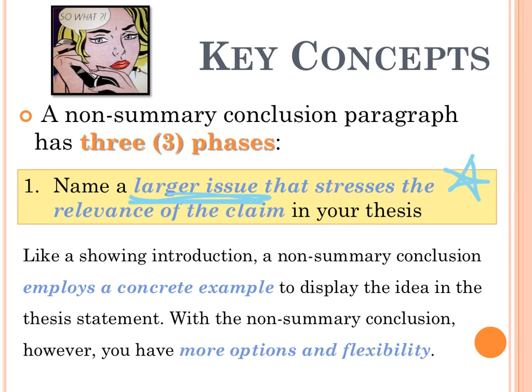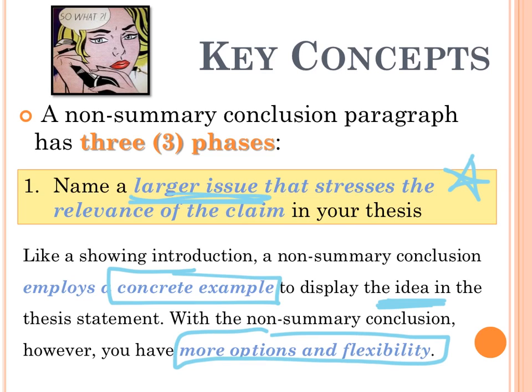Pretty much like the showing introduction paragraph, you're going to try to employ a really specific, concrete, singular example that displays the idea that's in your thesis statement. The difference between the intro and the conclusion is that you have a few more options and a little bit more flexibility in how you write the non-summary conclusion paragraph. That's what makes it different from the showing introduction.